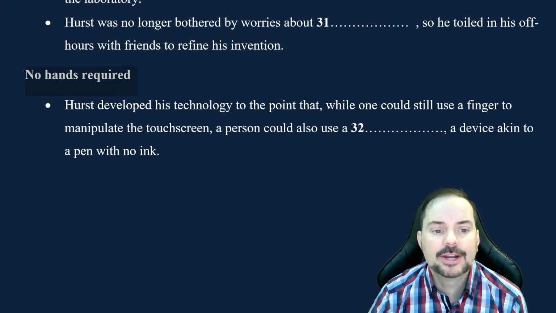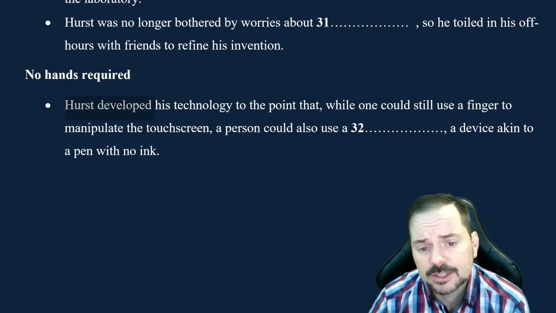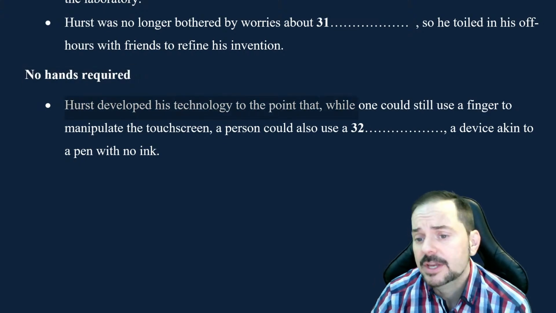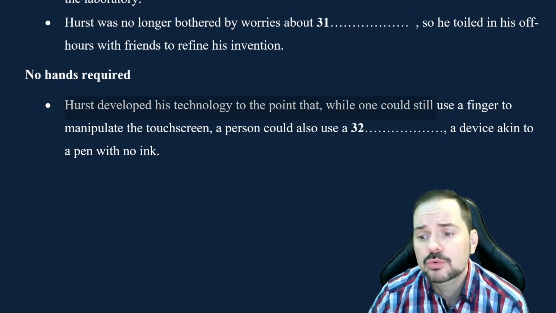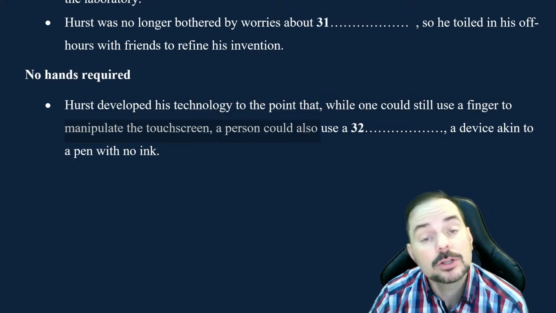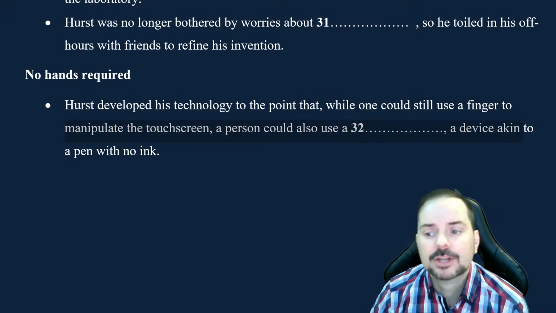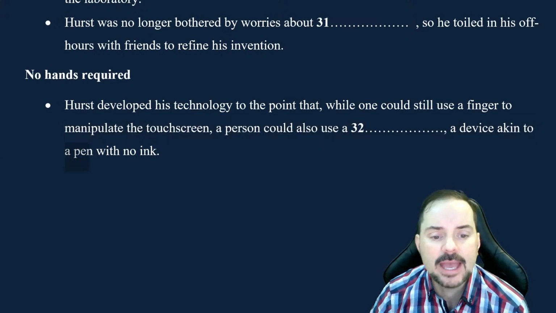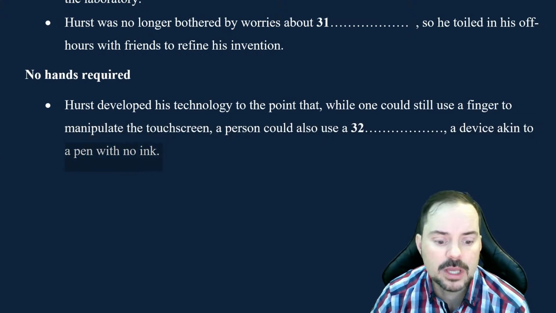No hands required. Hearst developed his technology to the point that while one could still use a finger to manipulate the touchscreen, a person could also use a device akin to a pen with no ink.